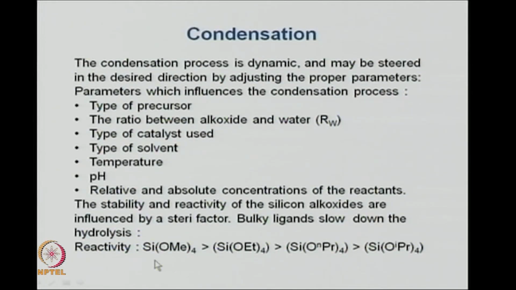This will have the highest reactivity because you have less steric hindrance, and as you increase the carbon chain length from methyl to ethyl to n-propyl to isopropyl, your reactivity decreases along this series. This is typical for condensation reactions, where not only all these parameters, temperature, solvent, pH, but steric factors also play a very important role.